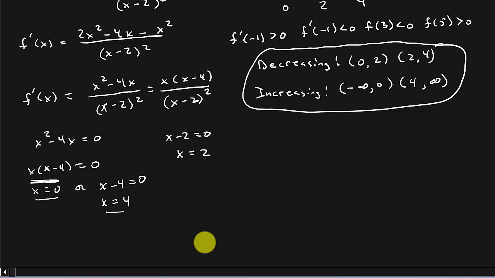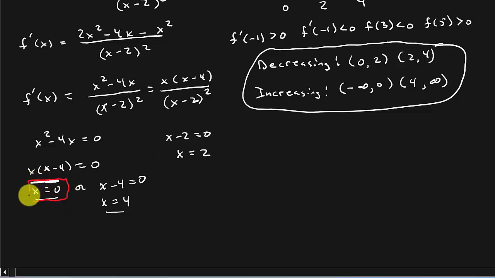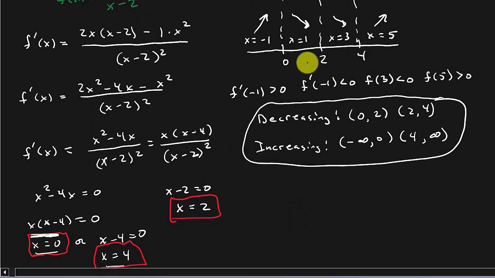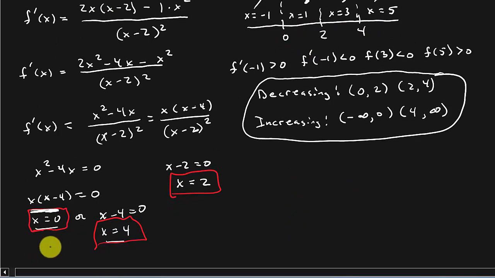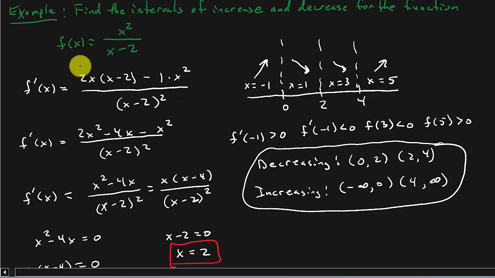But for example, in this problem, you see how we got x equals 0, x equals 4, and x equals 2. That's what we plotted on the number line. Okay, so x equals 0 and x equals 4 would be called critical numbers, but x equals 2 would not be a critical number because x equals 2 would make the original function undefined.